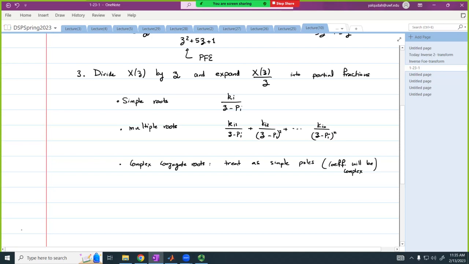Or we can keep them as quadratic and expand them.